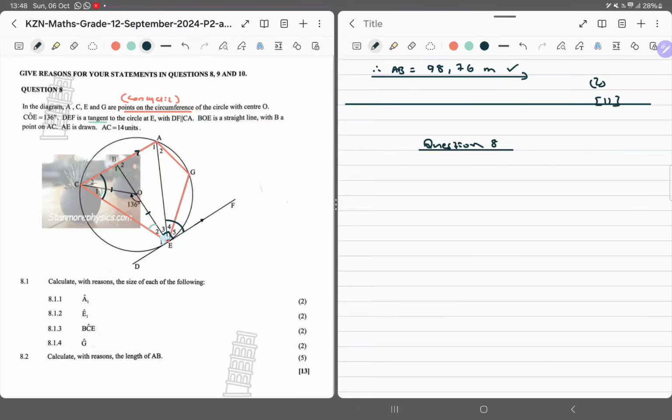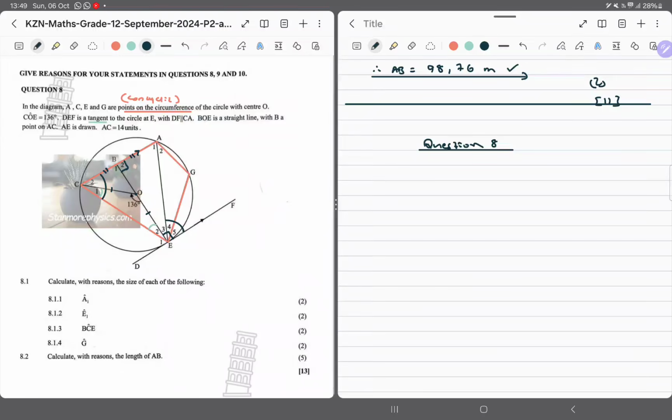So if this angle E3, 4, and 5 makes up 90 degrees, it means B2 should also be 90 degrees, right? Why? Because co-interior angles are supplementary. So if this is 90, obviously the partner is going to be 90 as well. So that's very good. Now if this is 90, a line from center perpendicular to chord does what? Bisects the chord.